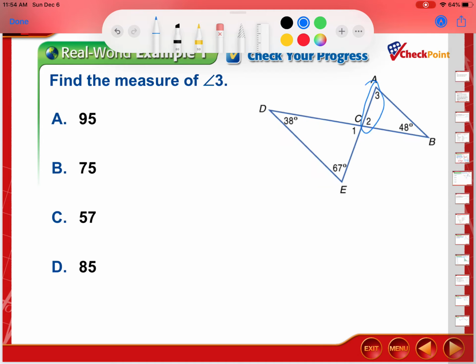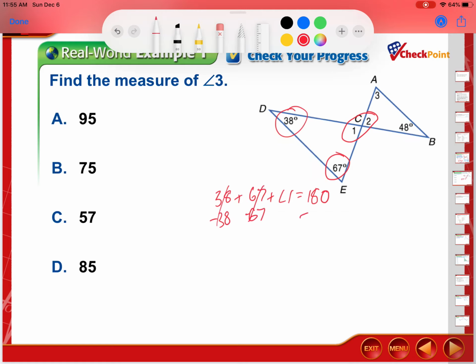So find the measure of angle 3. So in triangle ACB, we can see that we have 2 unknown angles. But once again, I can see that angle 1 and angle 2 are the same. And in triangle DCE, we do have 2 angles. So I'm going to say 38 plus 67 plus angle 1 is going to equal 180, because that's all 3 angles in this.